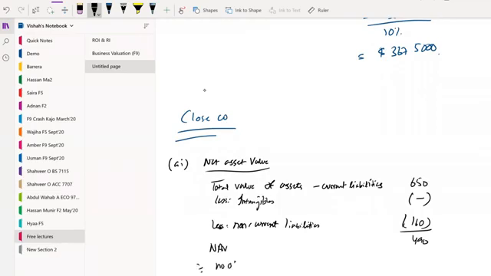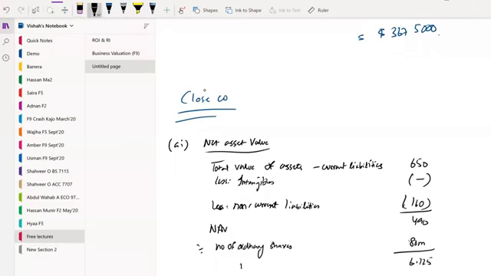Number of ordinary shares are 80 million. That would give us a value per share of $6.125.